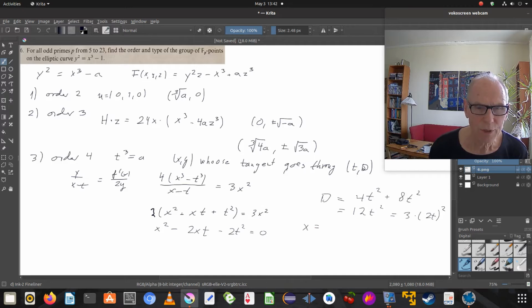This number 3 comes from differentiation, and this must give, I should correct this as well.